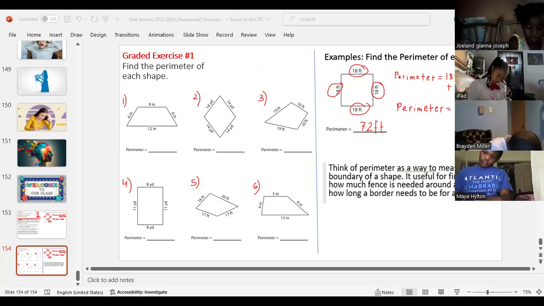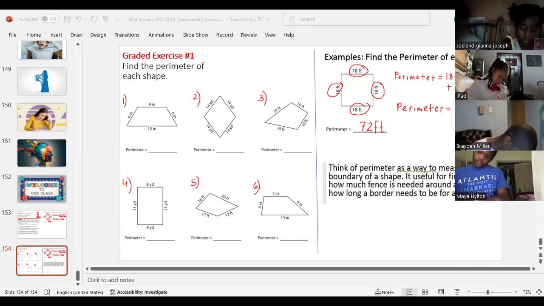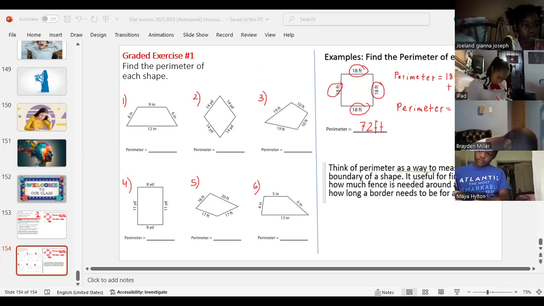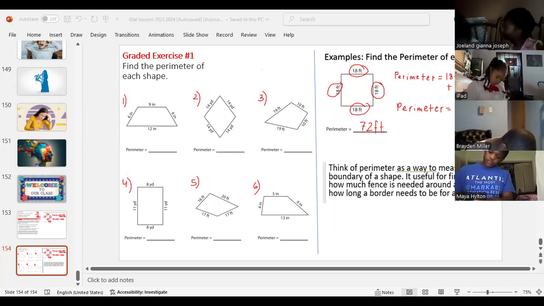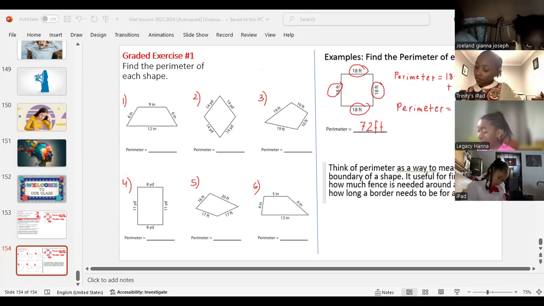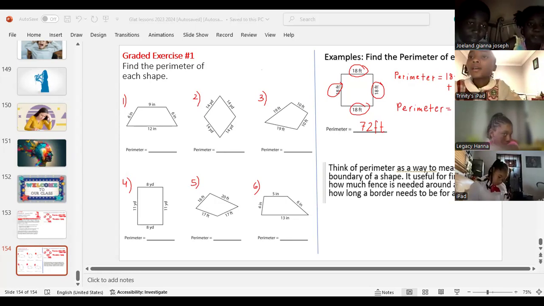Please ensure that your writing is neat and legible so I can understand it. Excuse me, Mr. Petit. Go ahead. I'm on number 2 now. Good, perfect. Progress is being made. Gianna and Joel, how are we looking? Number 5.